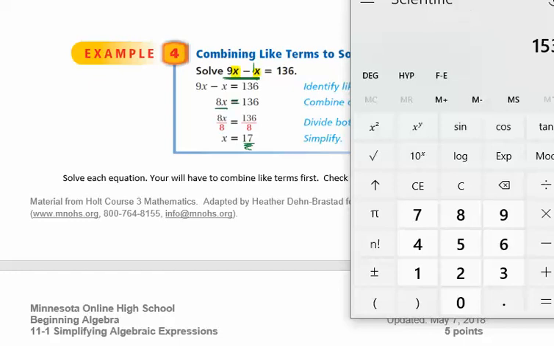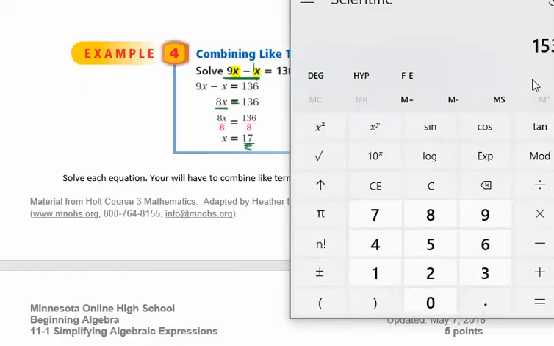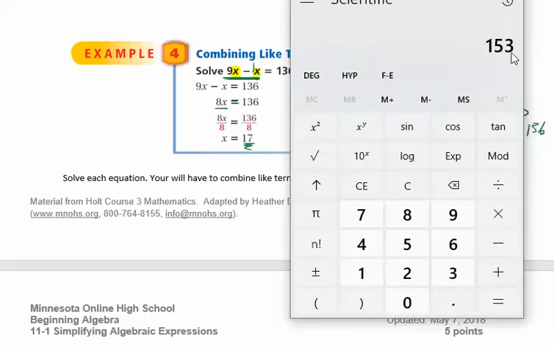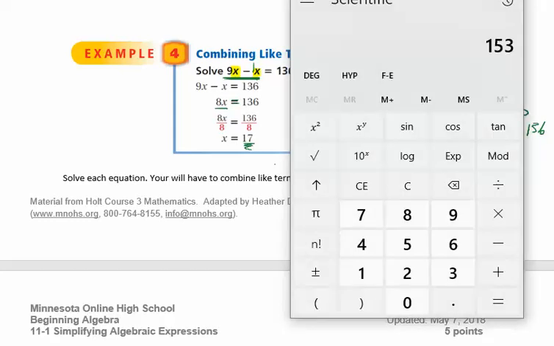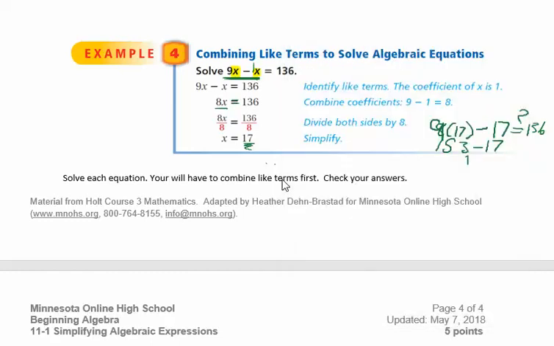I'm not sure you can see that completely. It won't move very well. 153. And then I have to subtract 17 from that and see if I get 136. I do. So this is 136 equals 136. So I know then that my answer is correct.